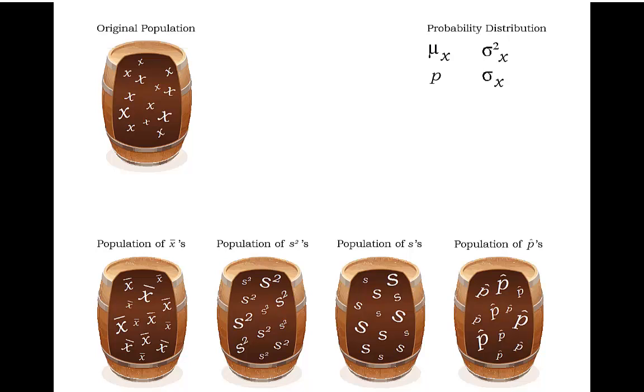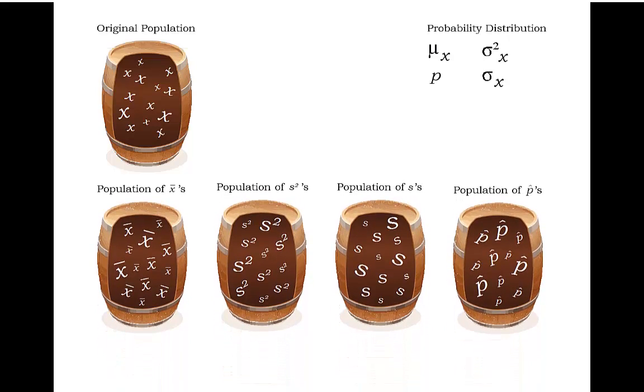What we want to do is carefully consider the properties of these distributions. Each one of these populations has all the properties that a population would typically have. For example, the population of sample means has its own probability distribution, its own mean, variance, and standard deviation.